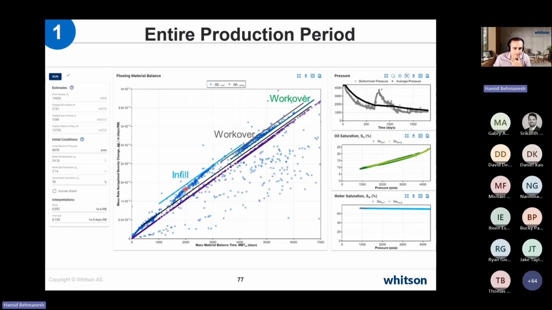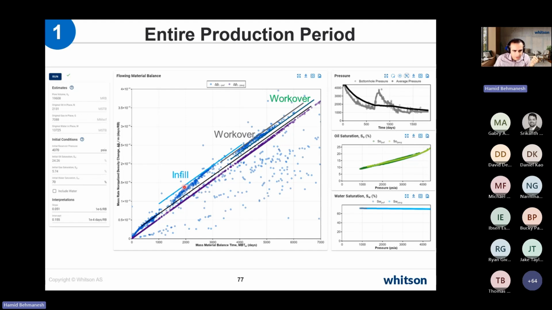For instance, when the infill comes on, this black line shows the case if we account for 600 days of the data where the parent is standing by itself, producing by itself, not being upset by the infill. So when the infills start to show up and produce, we clearly see the change of the slope in the early time, right?